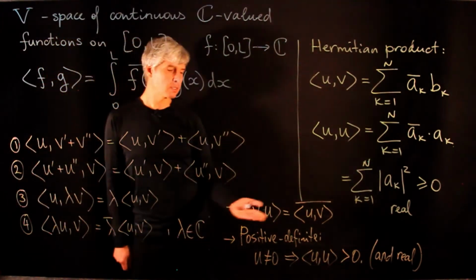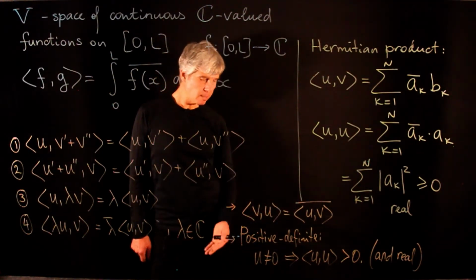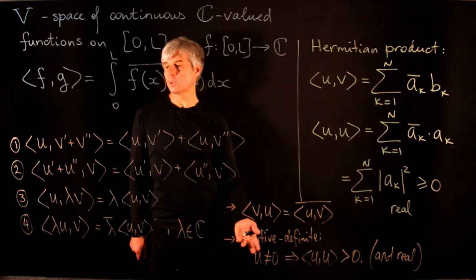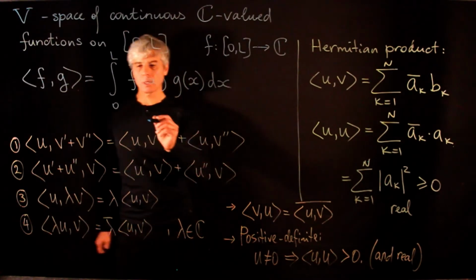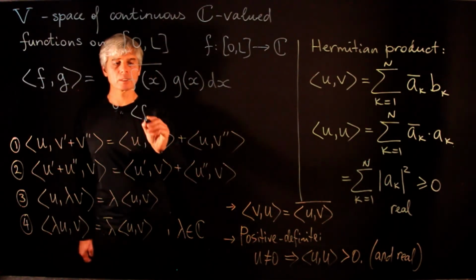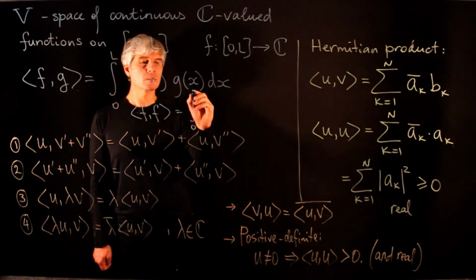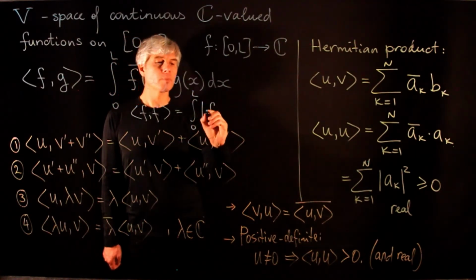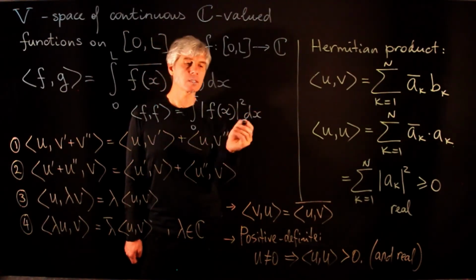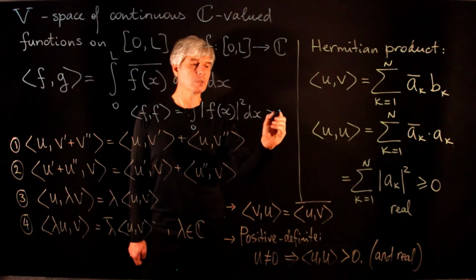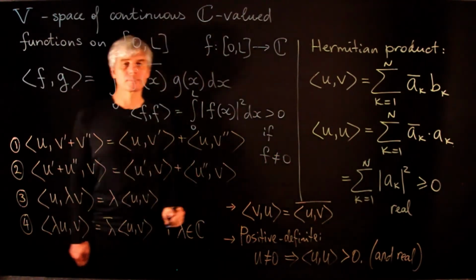Then again, it's easy to verify this skew symmetry, and when we compute the scalar product of a function with itself, we get the integral from 0 to L of the norm of f of x squared dx. And this is going to be real and positive if f is not a zero function.